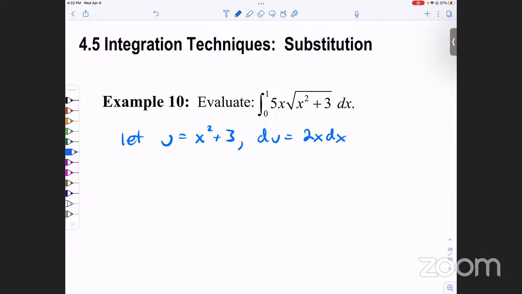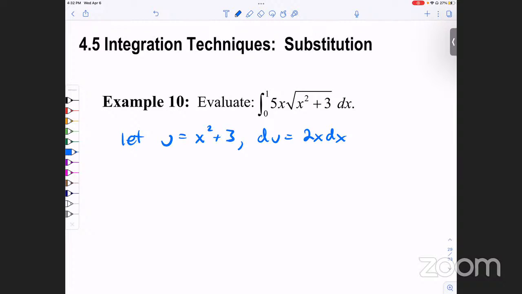Since it's all multiplication, we can move that 5 to the front and just let it persist. For dx, that means we need half a du. I think we need to do that 1/2 times 2 thing like they did.